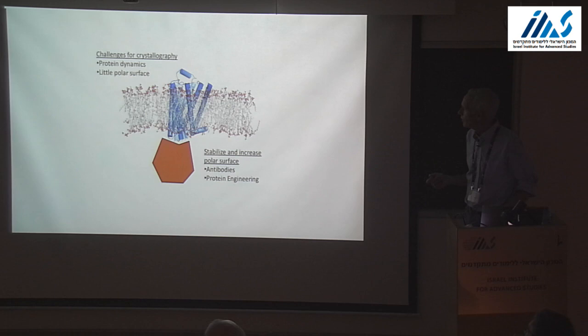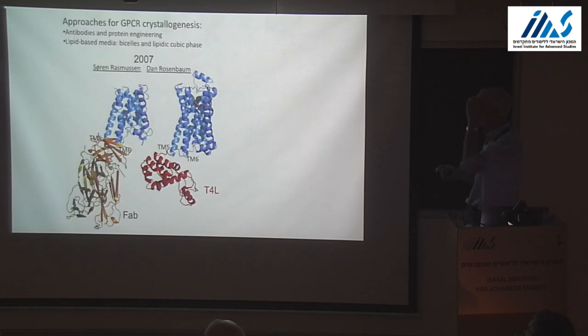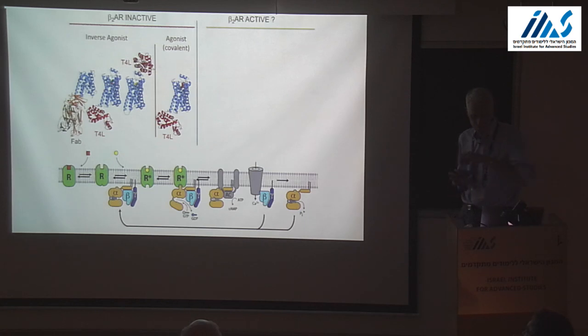And within months of each other, we were able to get diffraction quality crystals. And these were published in 2007, one with a Fab and one with T4 lysozyme. And since then, most of the inactive state structures have been obtained with this strategy, either T4 lysozyme or some other well-folded protein. So that was in 2007.